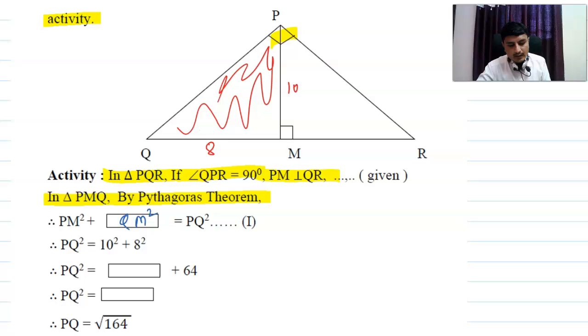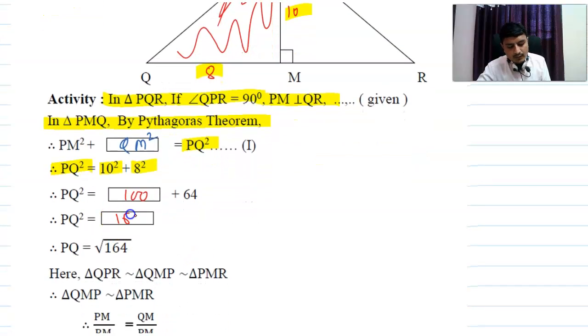So PQ square equals PM is 10, so 10 square, plus QM is 8, so 8 square. 10 square is 100 plus 8 square is 64. 100 plus 64 is 164. So taking square root on both sides, PQ equals square root of 164.